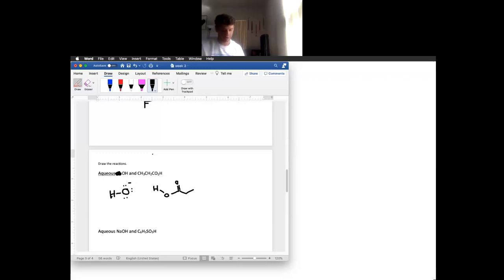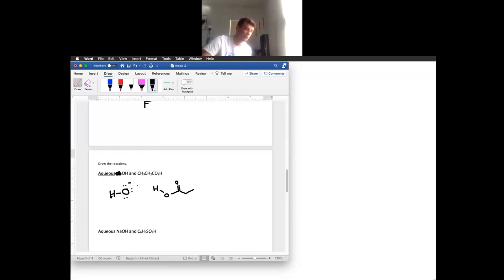Yeah, OH is the base. In general, if you see a species with a negative charge, it has a lot of electrons on it, so it can use them to bond with something. Thus, it's your base.